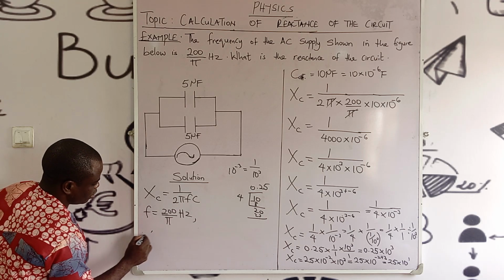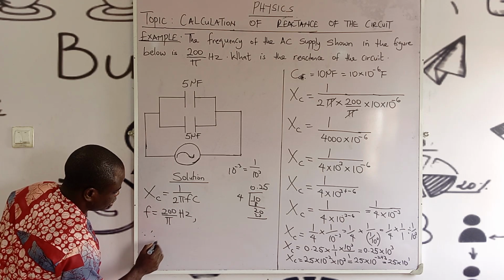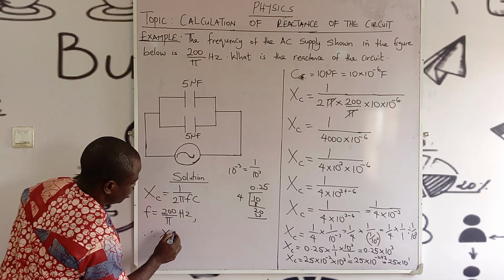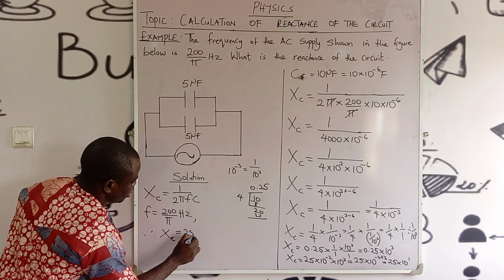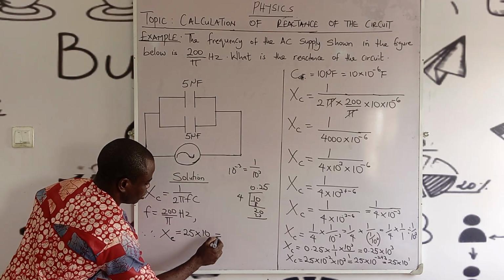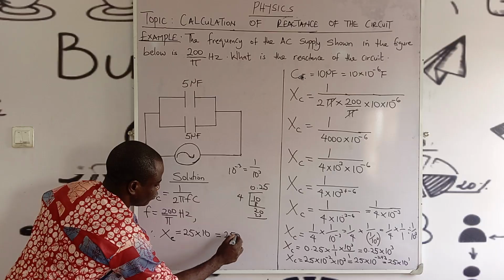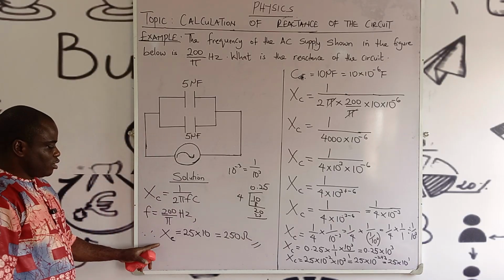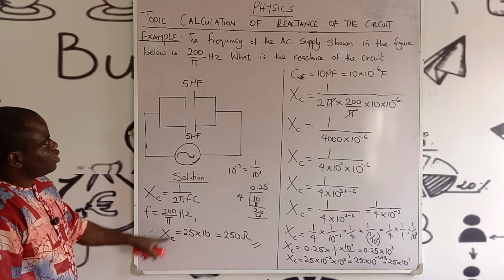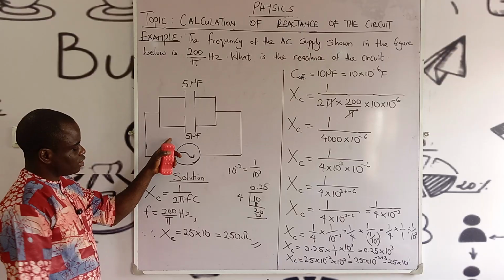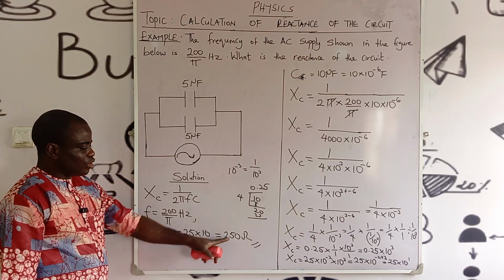Therefore, our capacitive reactance equals 25 times 10 raised to the power 1, which is 10, which is 250 ohms.